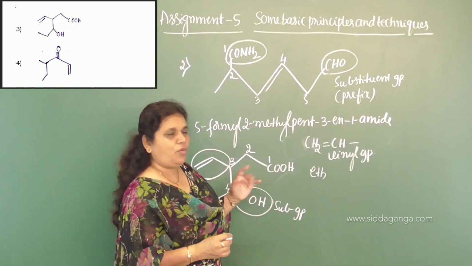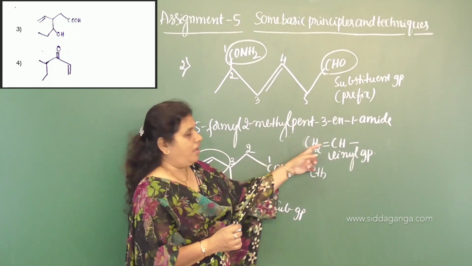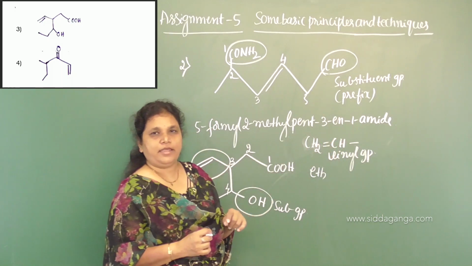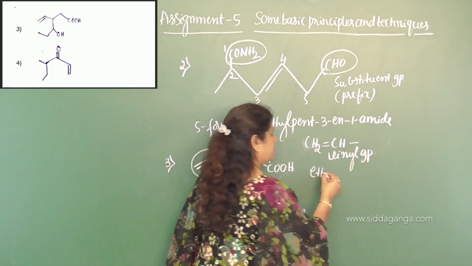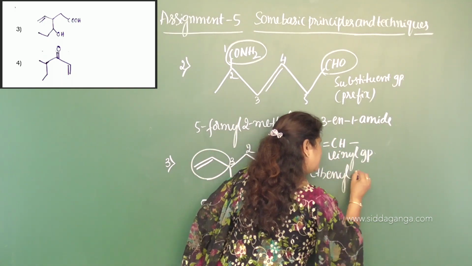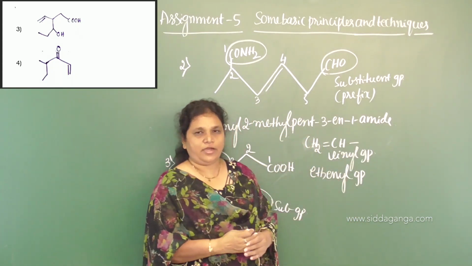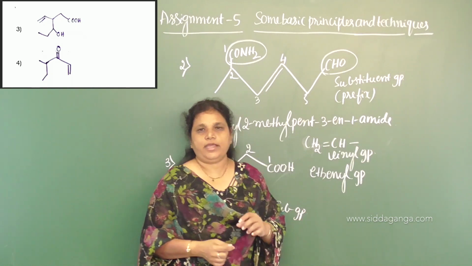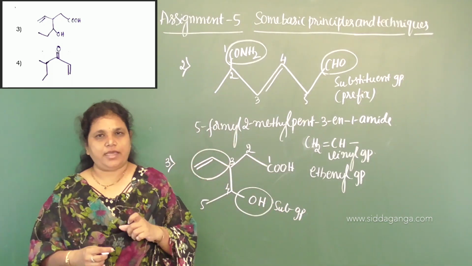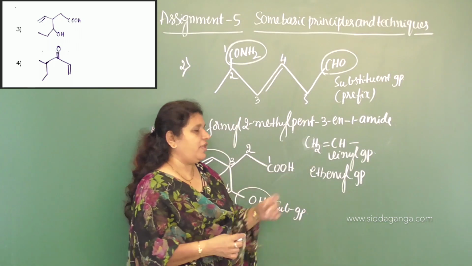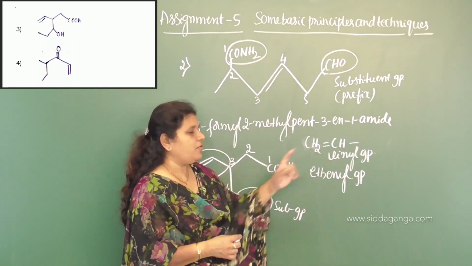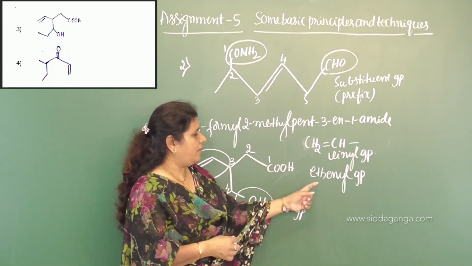From ethene, if you remove one hydrogen, you will get this group, with the double bonded carbon containing the vacant bond, and hence it is ethenyl. So either you can use the name vinyl or ethenyl. Ethenyl is the IUPAC name and vinyl is the common name.